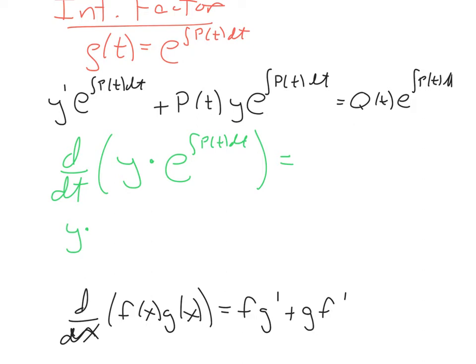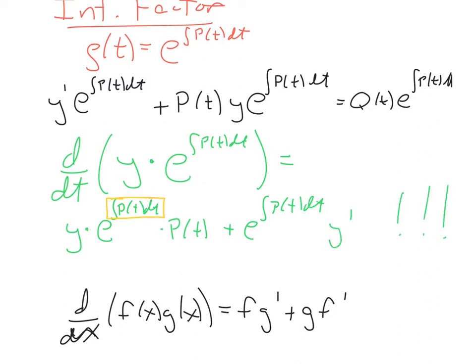Well, the derivative of the second, it's an exponential, so it is e to the integral p of t dt again, times the derivative of the stuff that was put inside the exponential, but the derivative of an integral is the thing inside the integral, plus second times derivative of the first. Indeed, this is exactly what the left-hand side was.